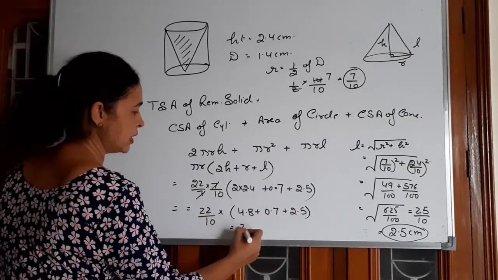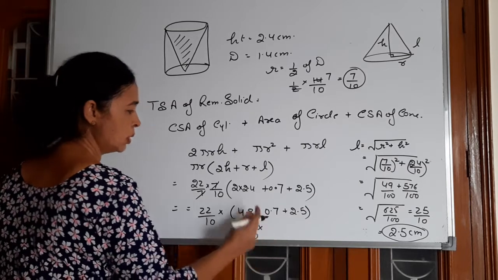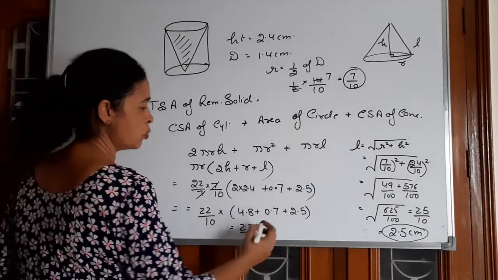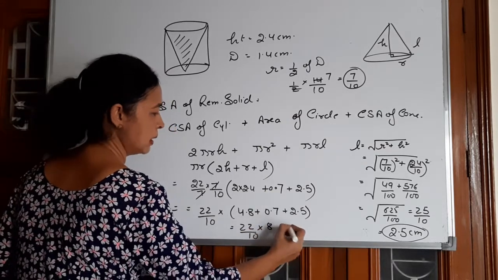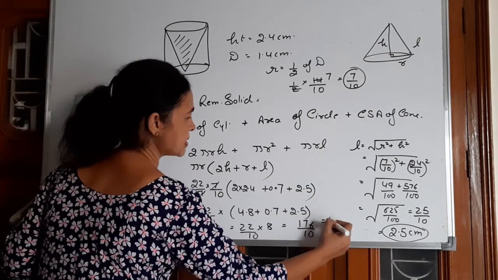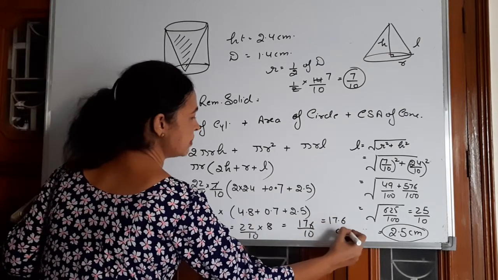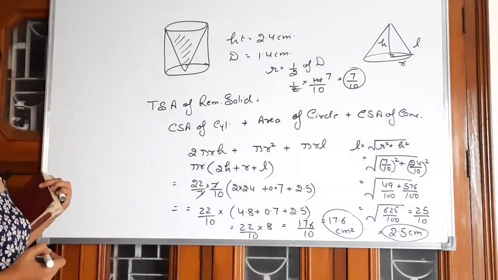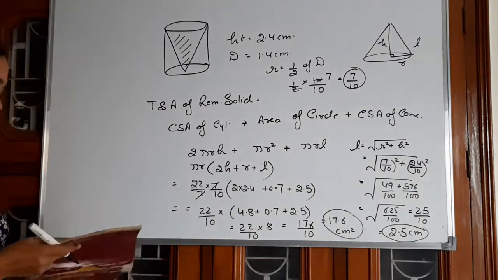This is 22/10 into 4.8 plus 7, 5.5 plus 2.5, that is 8. This is 8 twos are 16, 176/10, that is 17.6 centimeter square is the required area of the solid. Clear? Pause the video and note it down.